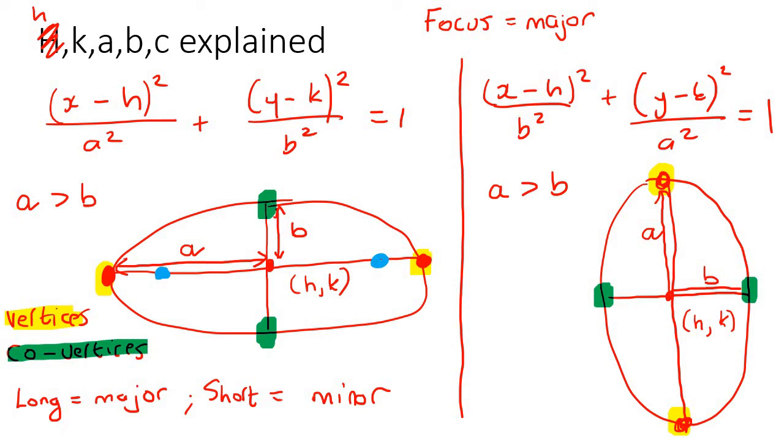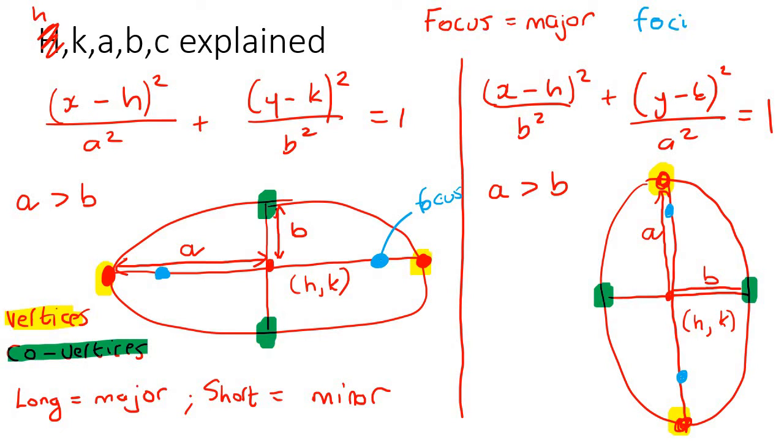So that is called a focus, okay? If you are talking about both of them, then you won't say the focuses. You'd rather say the foci. So your teacher might have used the word foci. So for this one, the focus would be somewhere over there and over there. It's always on the major axis, not the minor axis.